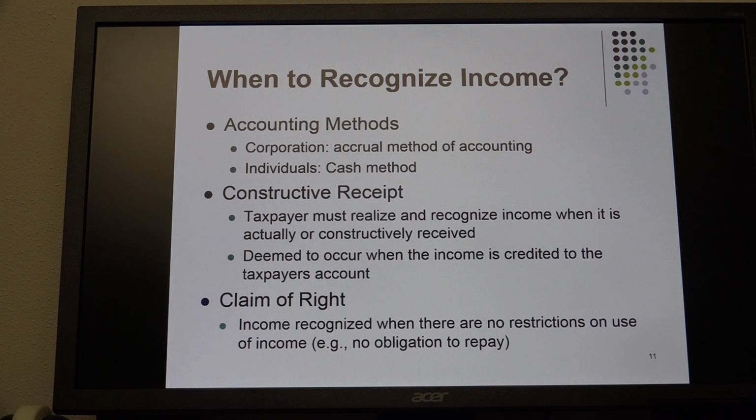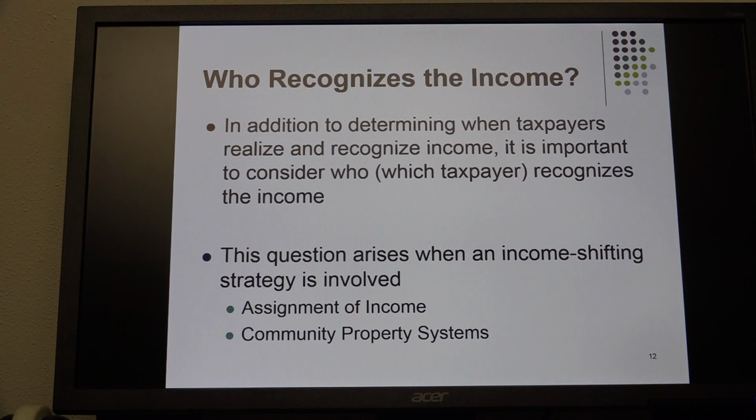All right. Let's talk about who recognizes the income. You would think this would be a no-brainer, but understand that tax law really is kind of a cat and mouse game.